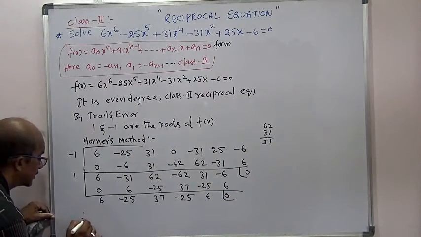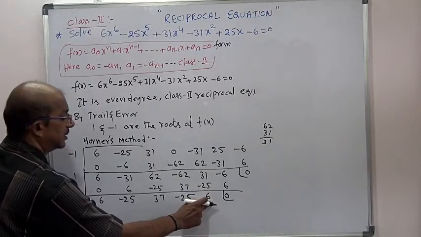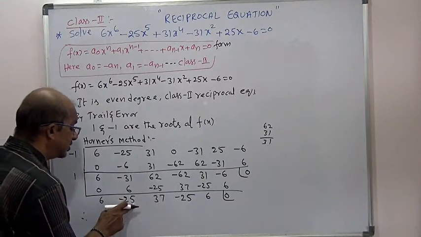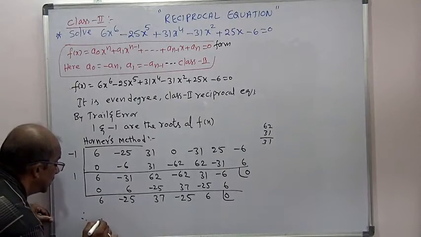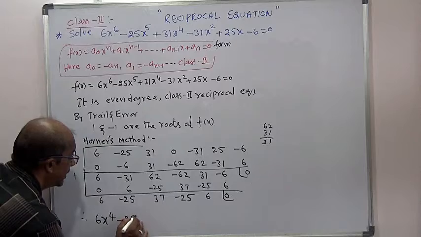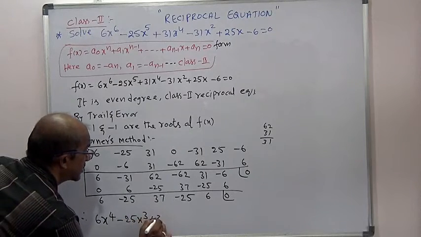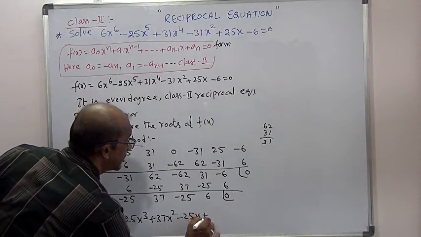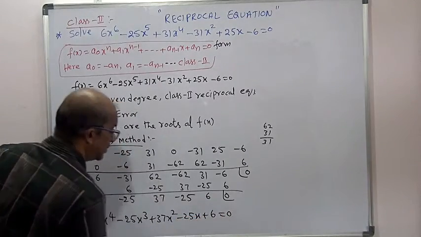So therefore this is the constant, x term, x square term, x cube term, x power 4 term. Therefore, 6x^4 - 25x^3 + 37x^2 - 25x + 6 = 0.